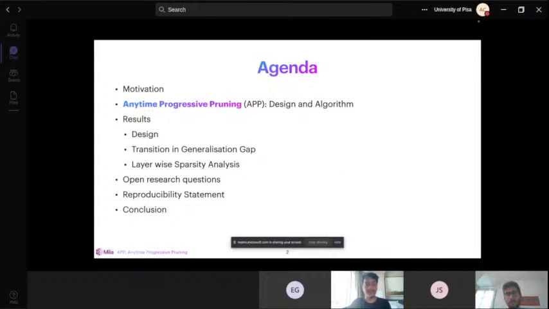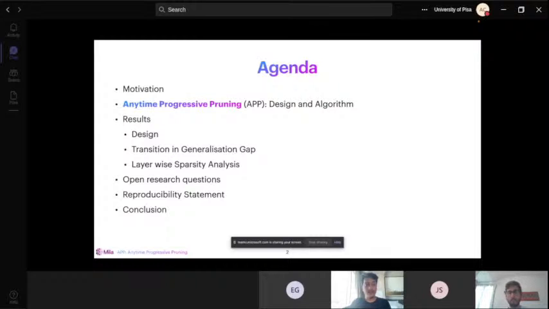Before I start this talk, I'll just briefly go over what we are covering. And please feel free to interrupt me at any point of time if you have any questions. So we'll first look at the motivation of the problem that we are trying to solve, and then we'll go a bit in depth into the design and algorithm of the novel paradigm that we are proposing, which is called Anytime Progressive Pruning.